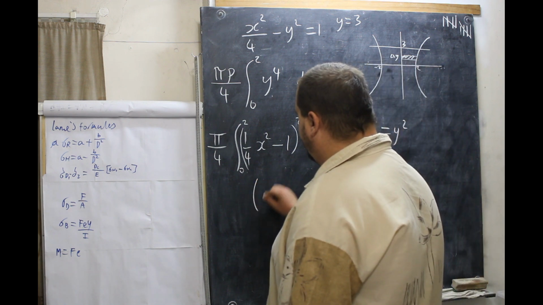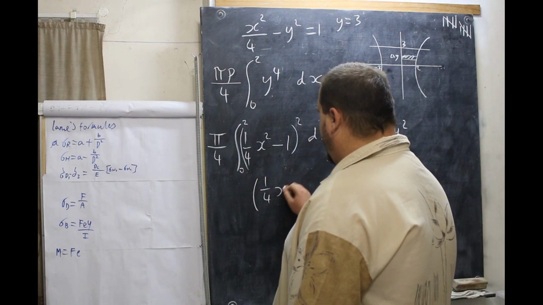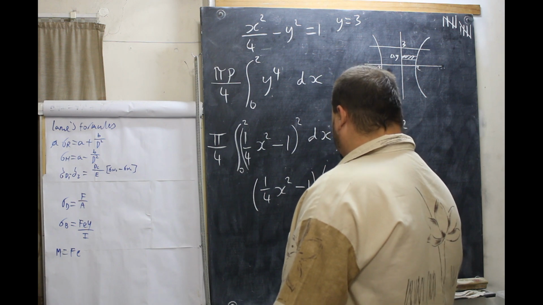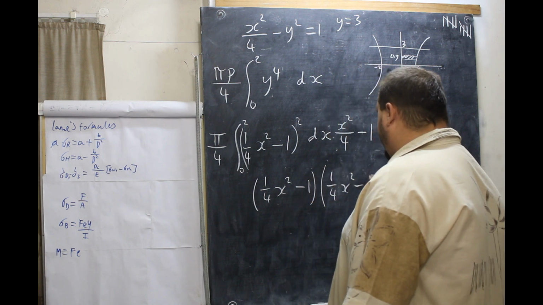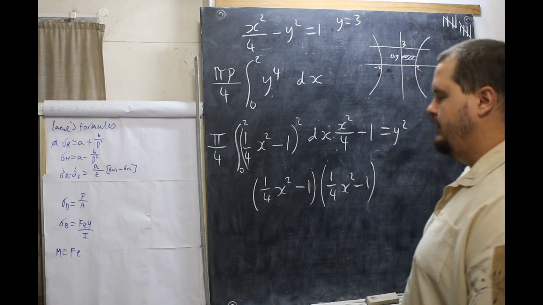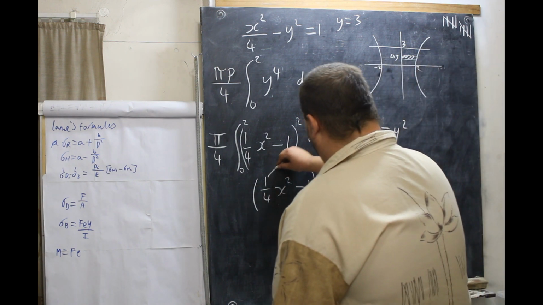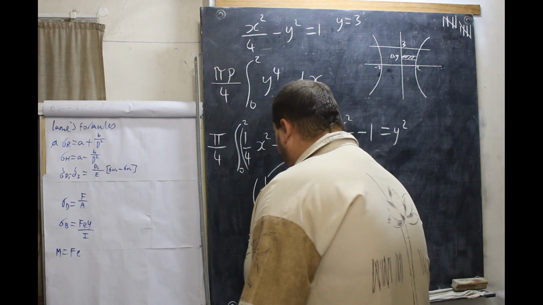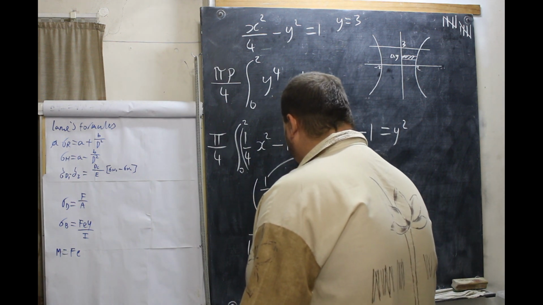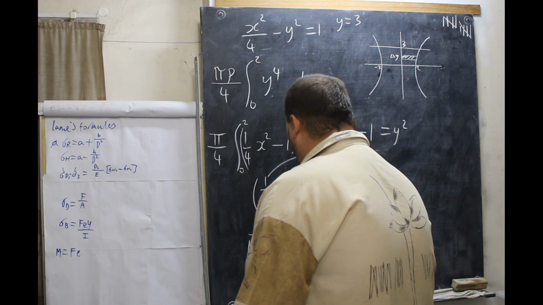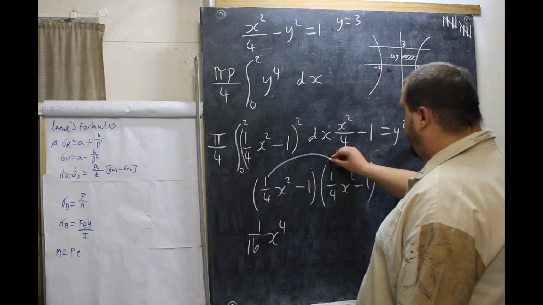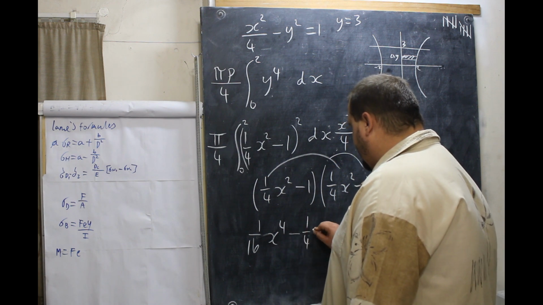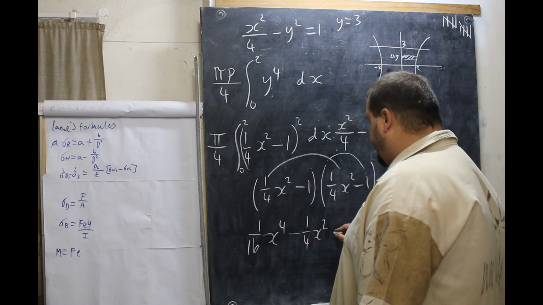So what we have is (a quarter x squared minus 1) times (a quarter x squared minus 1). A quarter times a quarter is 1/16 x to the power 4. Now minus a quarter x squared.